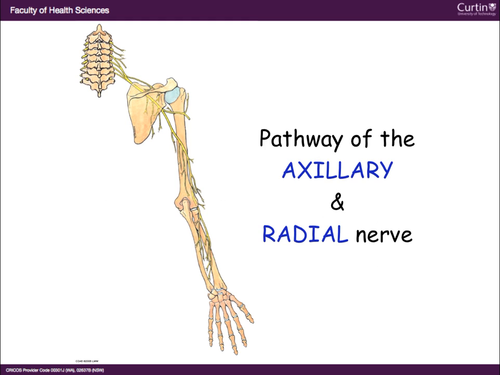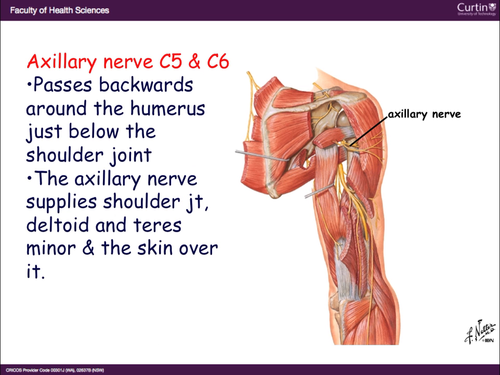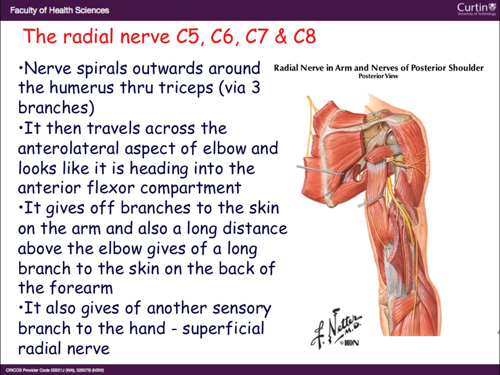Cool. So the axillary nerve we've talked about previously, going to supply the deltoid and teres minor, but the radial nerve we haven't. So the radial nerve is going to arise inferior to the axillary nerve. And have a look at the wet specimen of this in the lab, and you'll see from memory, number 16 on that wet pot, you'll remember that they're all numbered, is the axillary nerve.